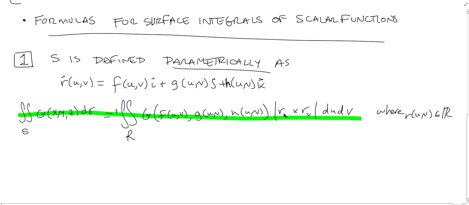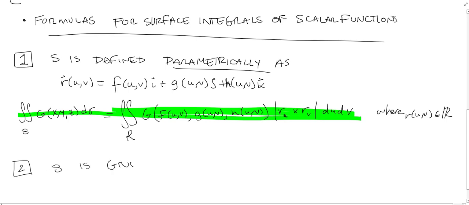This would be one version for evaluating your surface integral if you have your surface defined parametrically. You would want to use this version right here. So let me go ahead and give you version 2. Version 2 is if S, your surface, is given implicitly, which looks like F of x, y, z equal to 0.